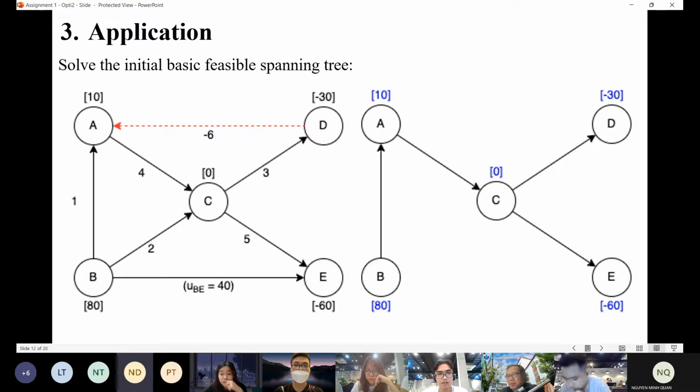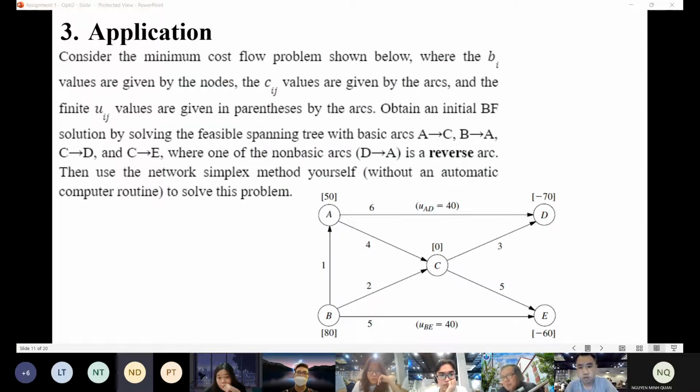When using the upper bound technique to solve this initial problem, we consider the minimum cost flow problem shown below, where the b_i values are given by the node, the c_ij values are given by the arcs, and the finite u_ij values are given in parentheses by the arcs.